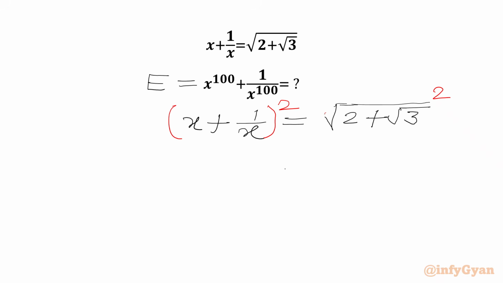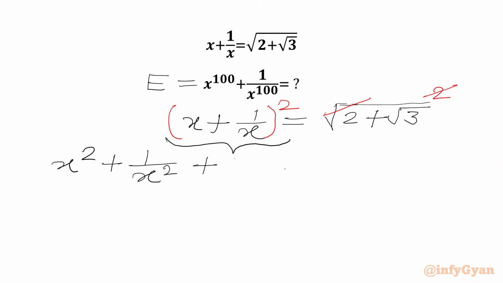From the right hand side we can cancel the square root with the square, and in the LHS we are going to use the a plus b whole square formula, which will give us x square plus 1 over x square plus 2 equal to 2 plus square root 3.